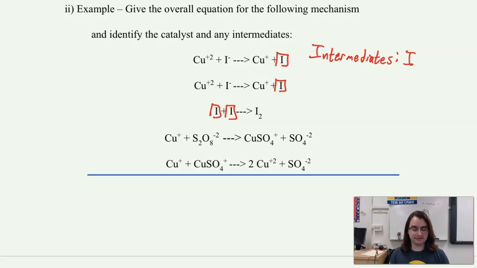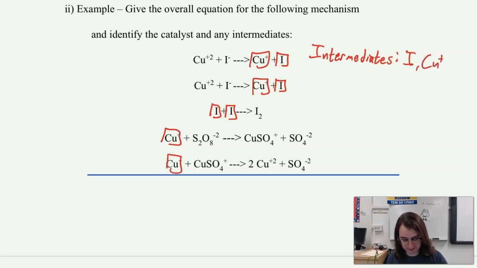Intermediates. There you go. So I is one of them. Let's see, what else? Cu is one of them. Formed as a product, used up as a reactant. Now be careful, this is Cu plus. CuSO4 is another one. And I'm just going to write that one below. CuSO4 plus.